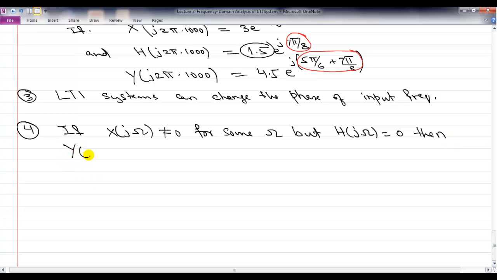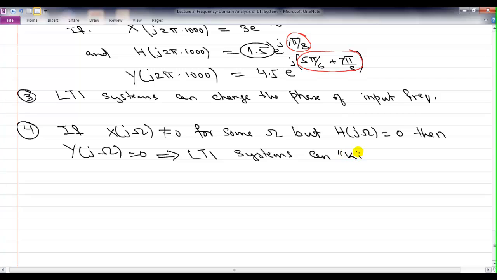So Y(jω) will be 0 regardless of whether your input frequency was 0 or not. What does this mean? That LTI systems, while they cannot add new frequencies, they can kill existing frequencies in the system. So LTI systems can kill some frequencies in the input signal.